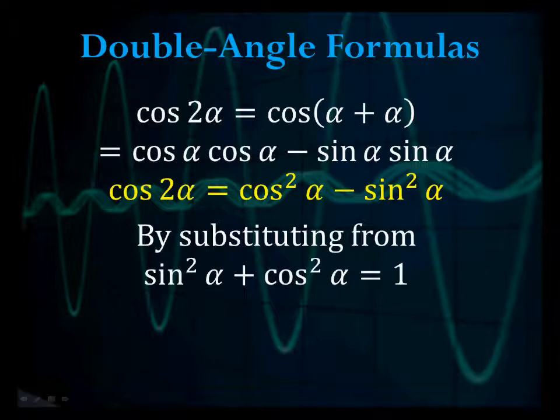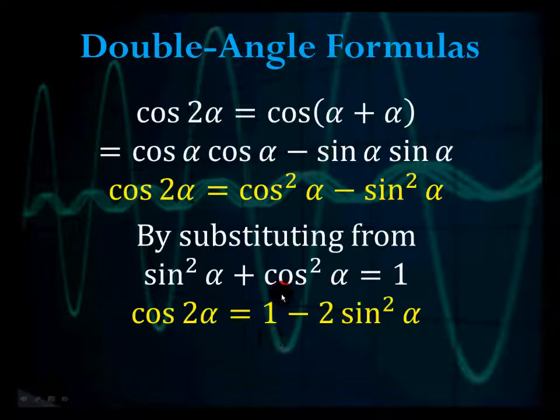Now, you will also see it expressed in two other ways, and they are derived from using the identity sine squared alpha plus cosine squared alpha equals 1. First, if you take away the cosine squared and substitute 1 minus sine squared, you get that the cosine of 2 alpha also equals 1 minus 2 sine squared alpha.